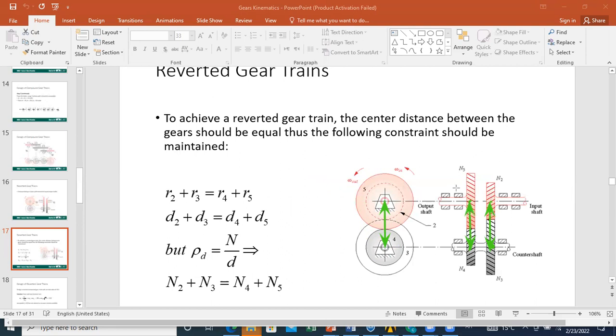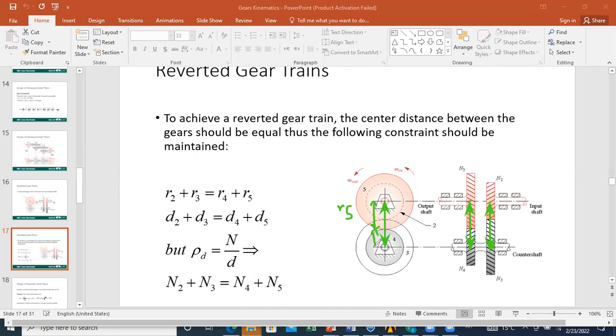And if you look at 4 and 5, this distance can be also written as the summation of pitch radii of 4 and 5. So I can decompose it in another way. I can say that it's equal to R5 plus R4.